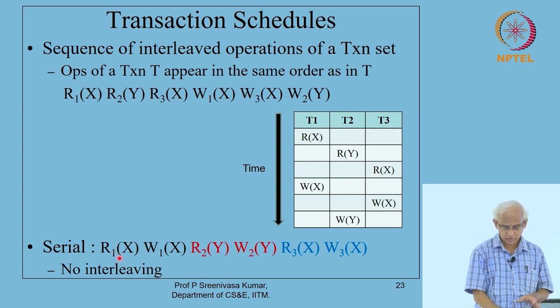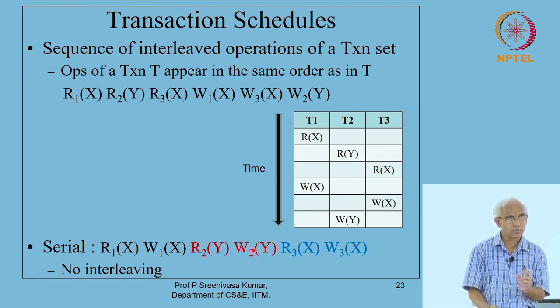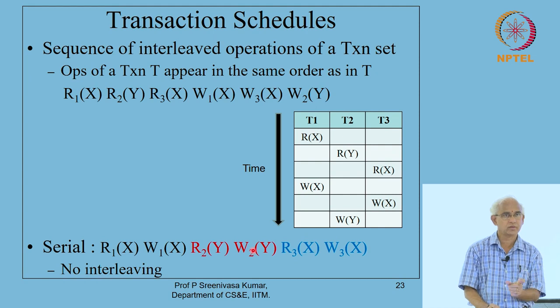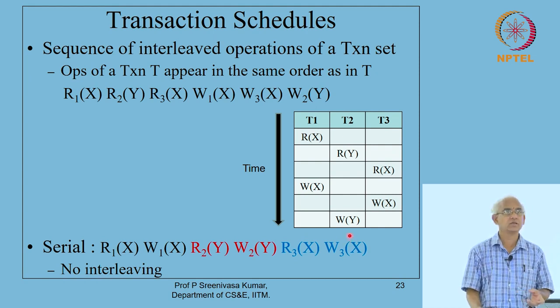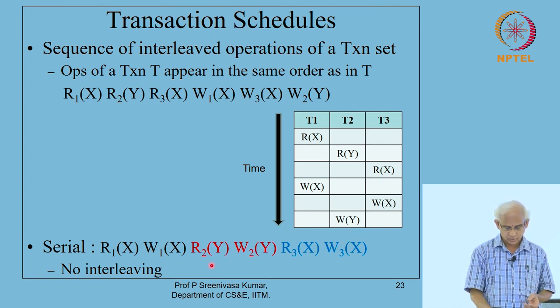In this case, they come in the order T1, T2, T3, but the order does not matter. You may put operations of T3 first, then T1, then T2. As long as all the operations of a particular transaction are together in the schedule, we call such a schedule a serial schedule. There is no interleaving.